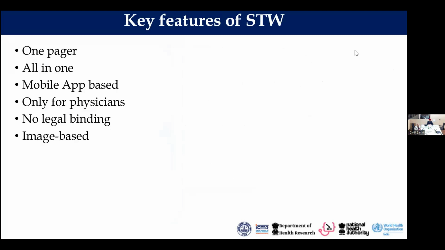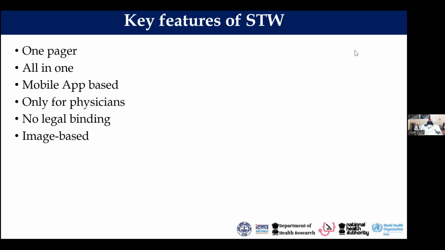When we talk about the key features of STW, it is a one-pager, all-in-one, meaning when we take one condition or one disease, it will provide everything from beginning to end, from symptom to management level. All the aspects are covered on a single page. It is also available in a mobile application, and it is basically for physicians, and it is not legally binding.